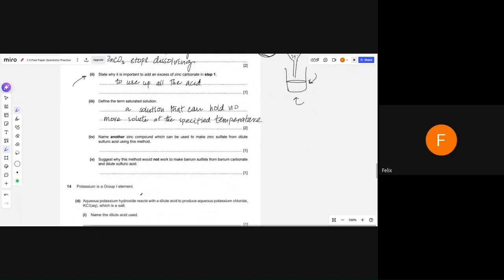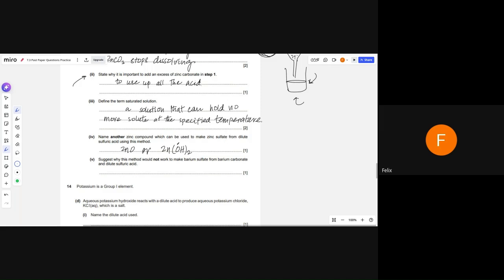So the next question is, name another zinc compound which can be used to make zinc sulfate from dilute sulfuric acid using this method. You can use zinc oxide, or you can also write zinc hydroxide, right? These are the compounds that can be used.